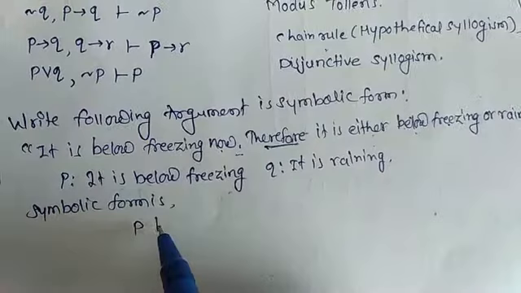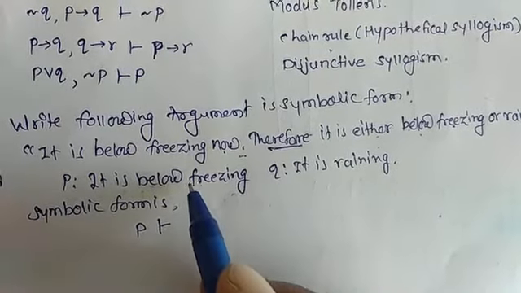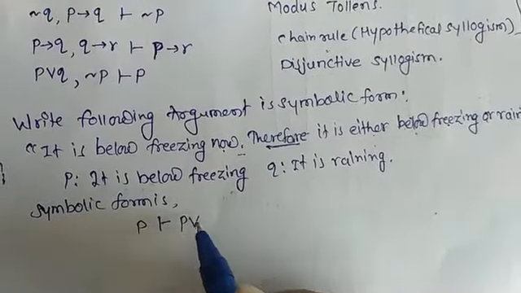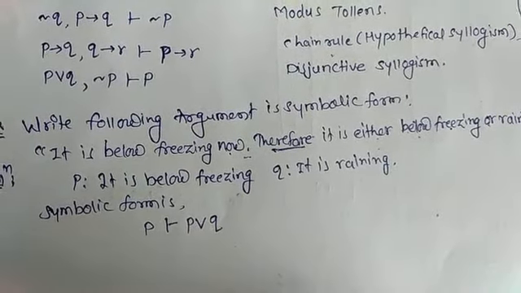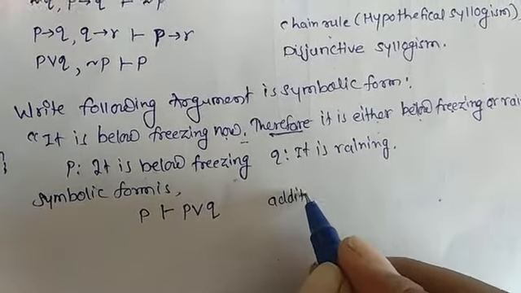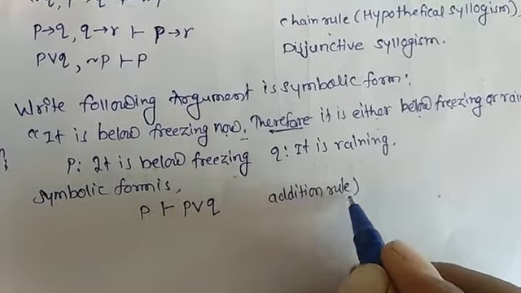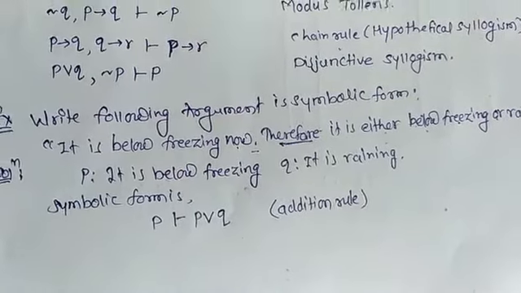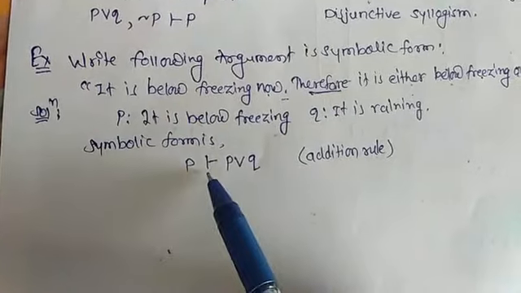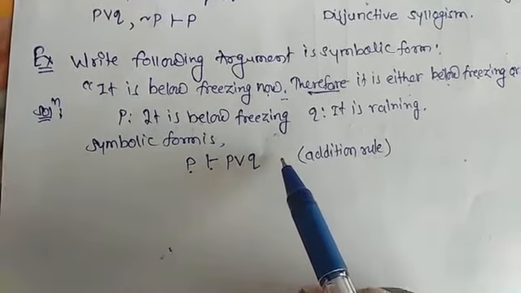So we use the conclusion notation, and after that P or Q. This is our addition rule. So we have written the given argument in symbolic form: P concludes P or Q.